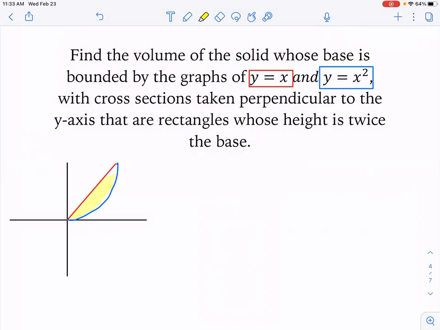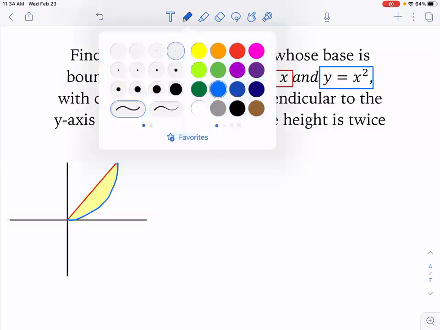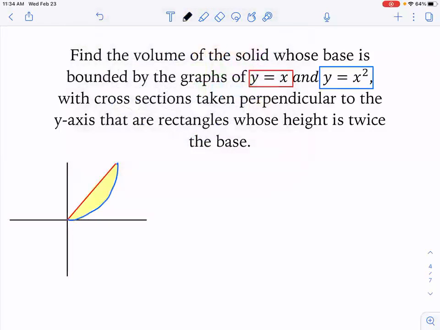Once again, we have that weird shape. Okay, so we now are going to have cross sections perpendicular to the y-axis. So we need a rectangle with thickness dy drawn in our region.